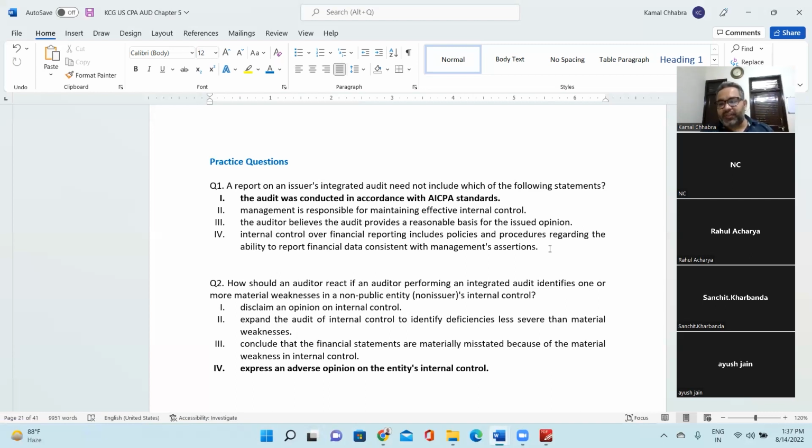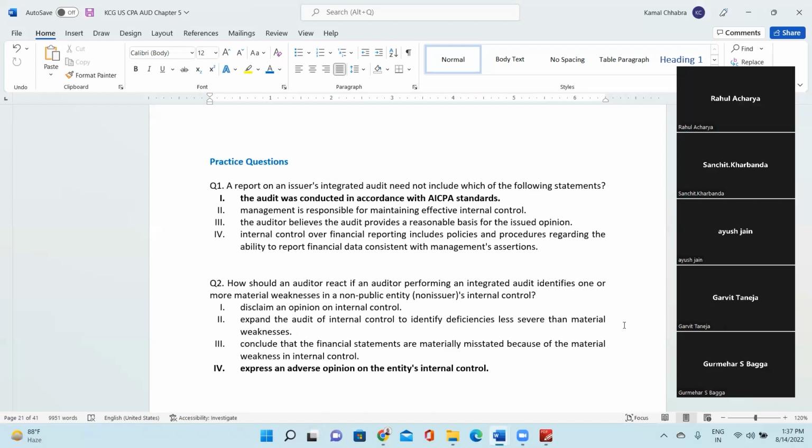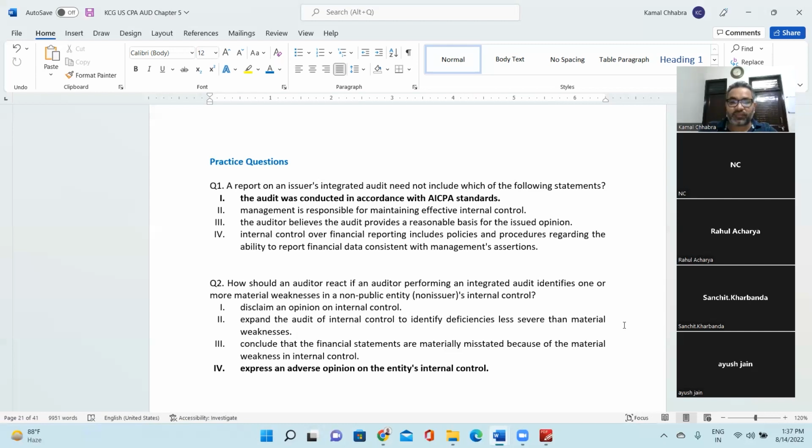Come on, come on, come on. Don't delay your departure. Yes, Mr. Sanchit, Rahul, Ayush, Nimisha. What's up? Garvit, Gurmihar. What is stopping you from responding? Or have you already taken off for the class?